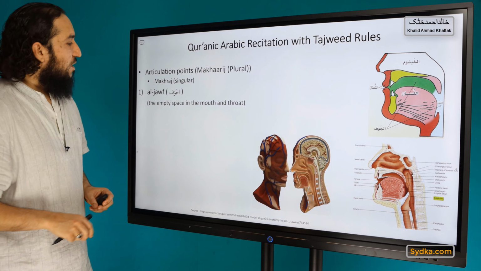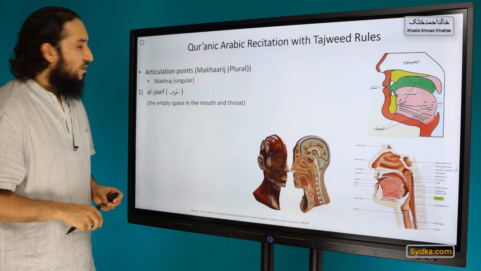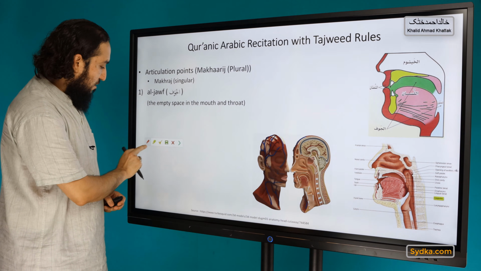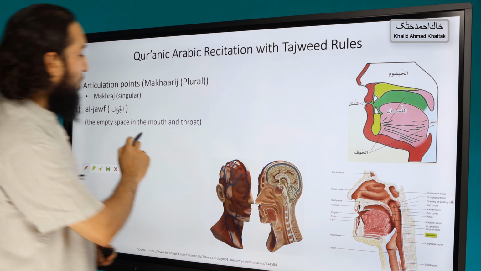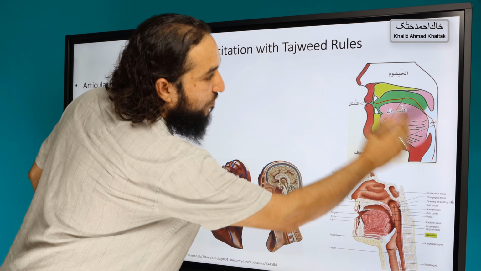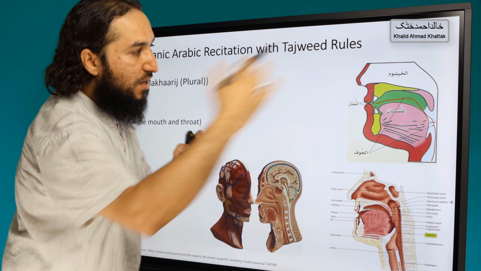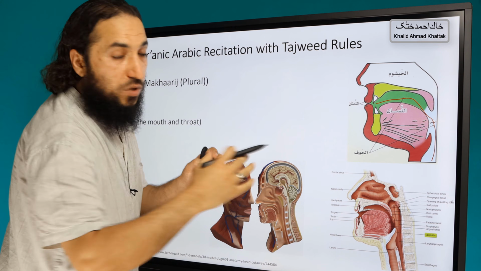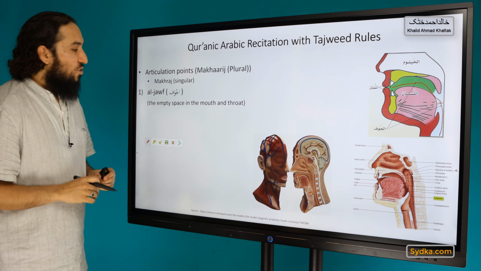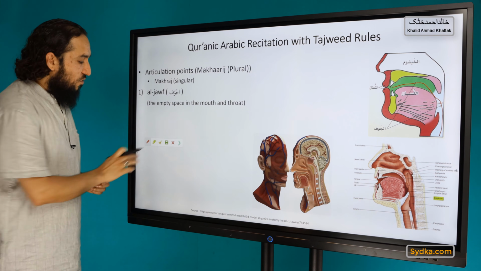The first makhraj, as we said, is al-Jawf. Al-Jawf is the empty space in the mouth and the throat. This one and this one here, that's the empty space, not the sides of the mouth and the throat, but actually the empty space in the throat. That's the first makhraj, articulation point, called al-Jawf.